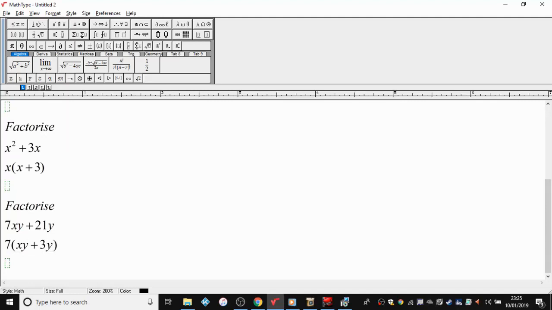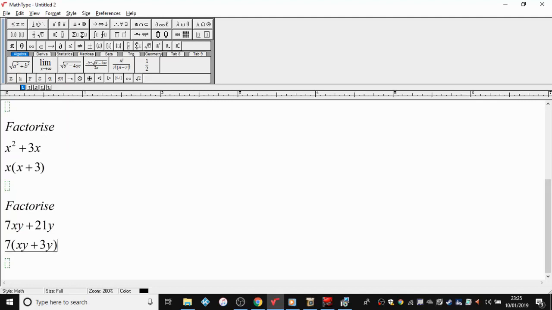You'd think you're finished now, wouldn't you? Nope, you're not finished. You're missing one step. You can factorise one more time. Because if you look in the brackets, you can see both terms have a common y in them.